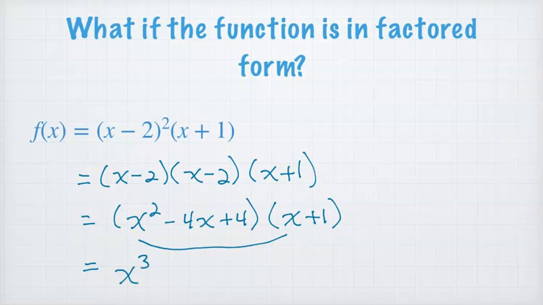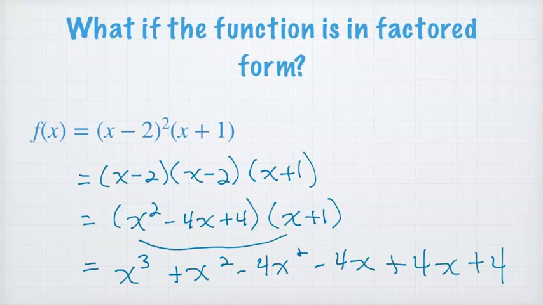That would be the first term. And then the rest of this, I'd have to figure it out. Plus x squared minus 4x squared minus 4x plus 4x plus 4. And then you'd combine your like terms. But once you multiplied everything out, you realize that the degree of this polynomial, the highest exponent, is 3.